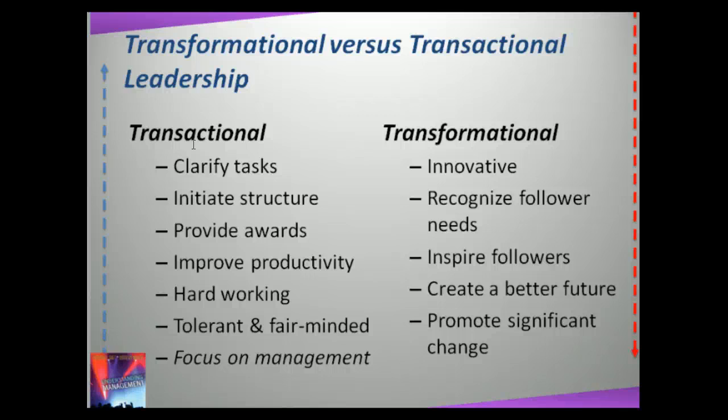They initiate structure, provide appropriate rewards, and try to meet the social needs of subordinates. These leaders excel at management functions. They're usually known for being hardworking, tolerant, and fair-minded, but they're definitely task focused. So they're not as fun sometimes as the transformational leaders.